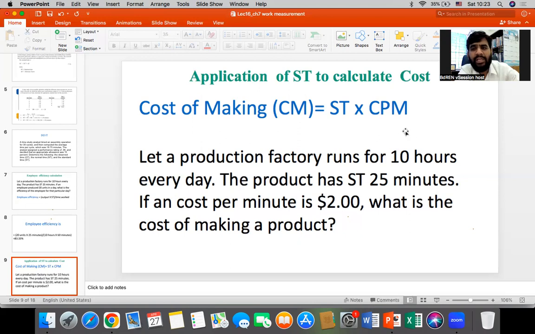There are a lot of expenses related. Managing director is also involved. So what is the cost per minute of the factory? You need to know. And these calculations usually are done by the human resource department. It is one of the HR metrics.